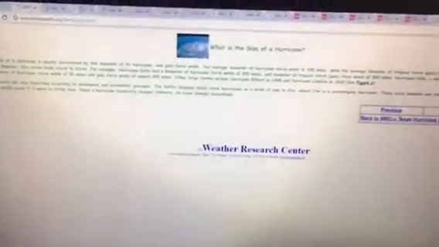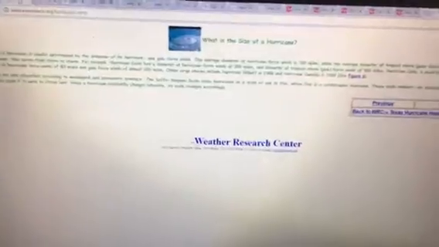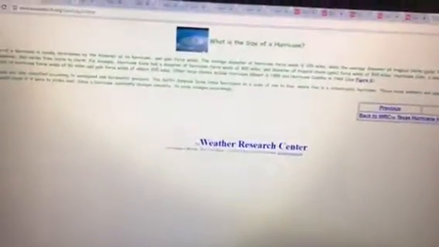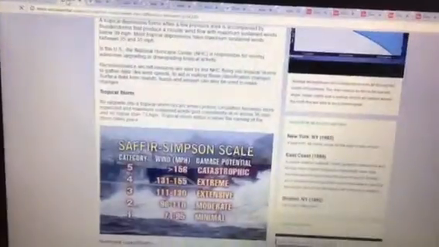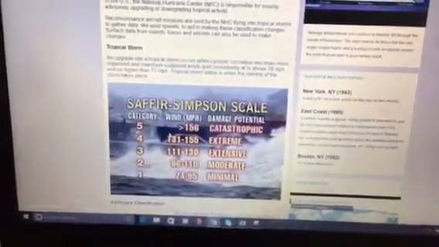And so to first figure out how big the hurricane is going to be, according to this source, the Weather Research Center, it gave a few different examples of a variety of diameters of a hurricane. But I chose my hurricane to have a diameter of 500 miles, and for it to be a Category 4 hurricane according to the Saffir-Simpson scale.